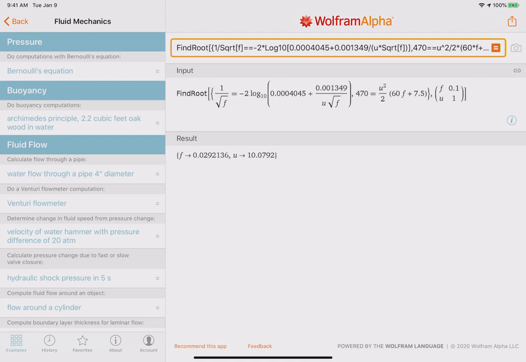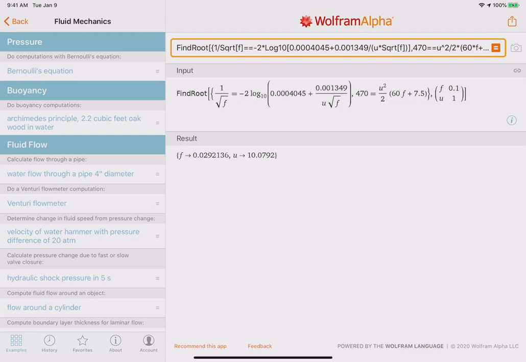Because when you're solving nonlinear equations, you can have multiple solutions. So for example, you might wind up with a negative f, or an f of say 10 or 1,000 or something like that, or a negative u. So just make sure that your solution is physical.